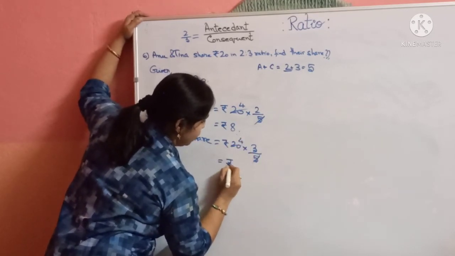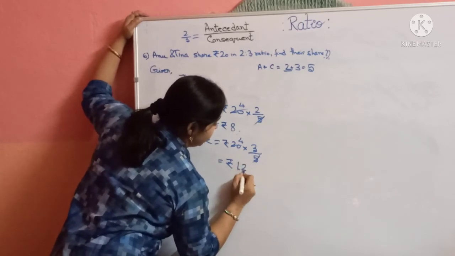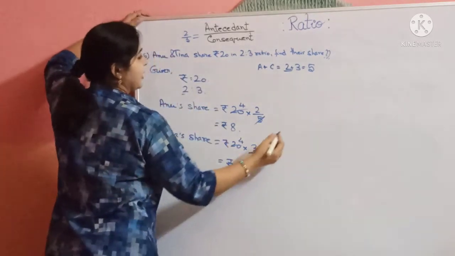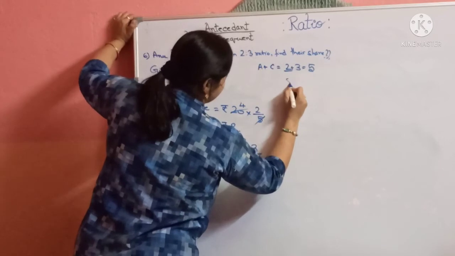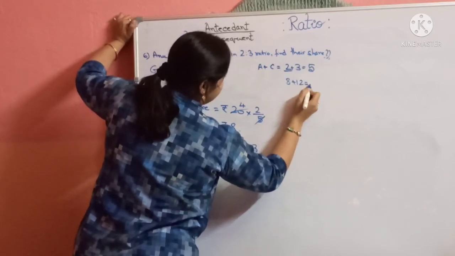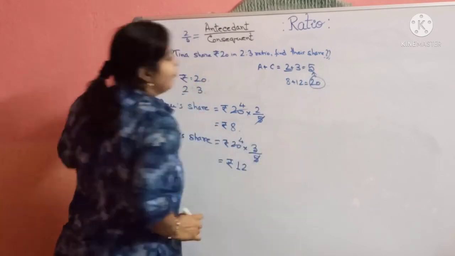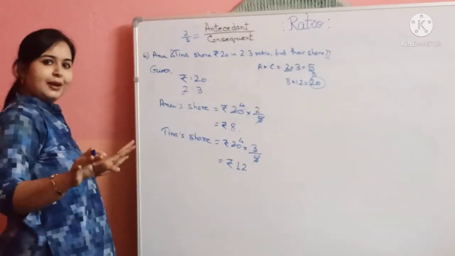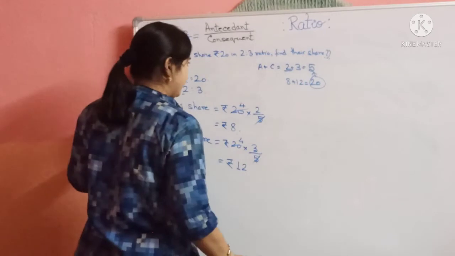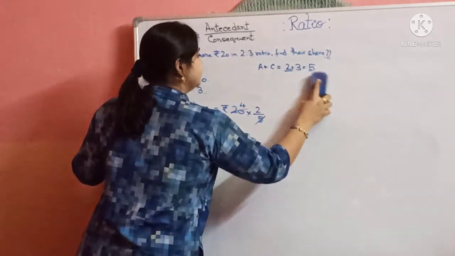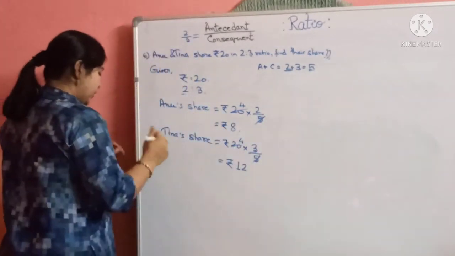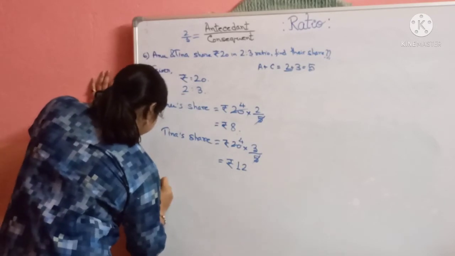So rupees 12. By doing the sum, you can also find out that rupees 8 plus 12 is 20, and here 20 is our 5. Then you have seen the calculation. So just write down the answer.